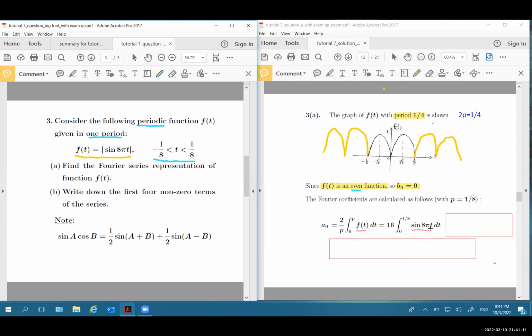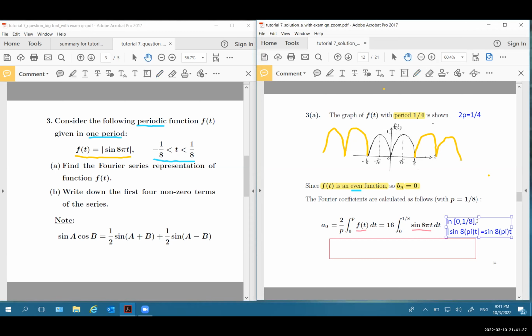Because it's the positive cycle. Yes, because your sine 8 pi t actually is positive from 0 to 1/8. So the absolute value is just itself. All right, so this is the reason I didn't put absolute value, because in this interval, the absolute value is just sine 8 pi t.